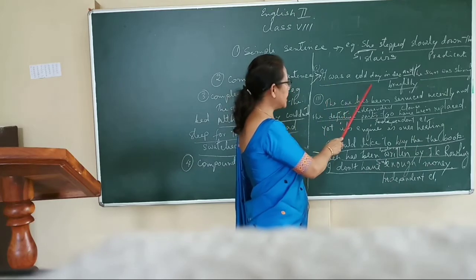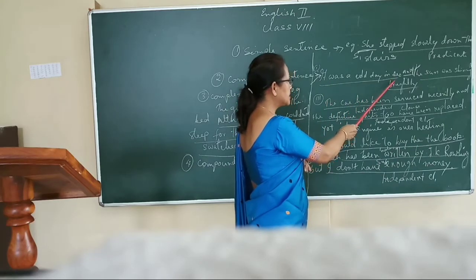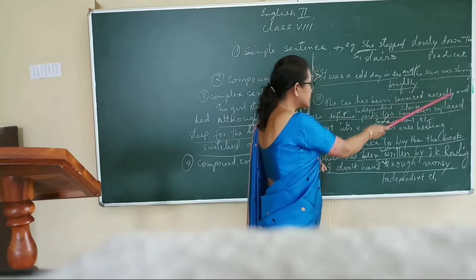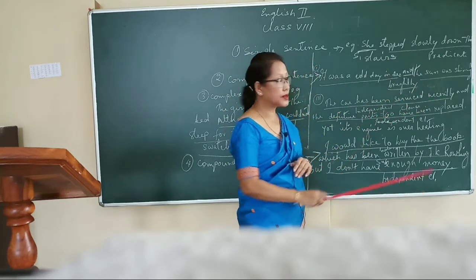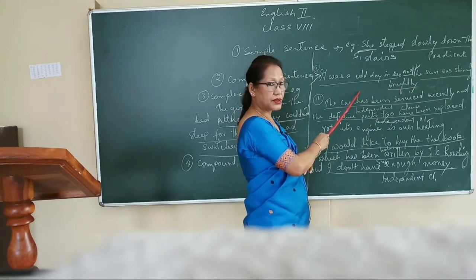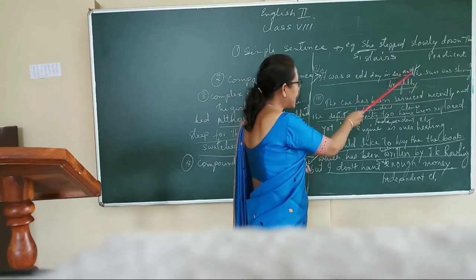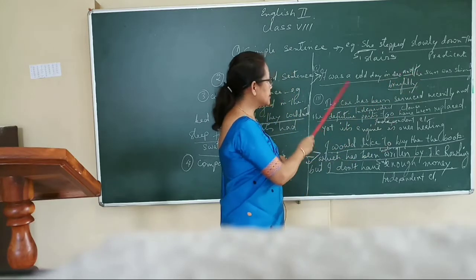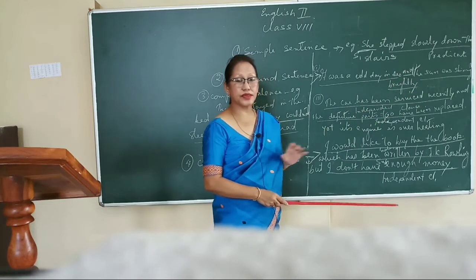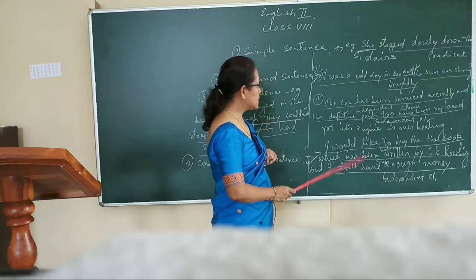It was a cold day in December. This is an independent clause. The sun was shining brightly. That is also an independent clause. Here are 2 independent clauses. If we remove 'and', it does not make any difference. These 2 sentences can stand by themselves because they are independent clauses.